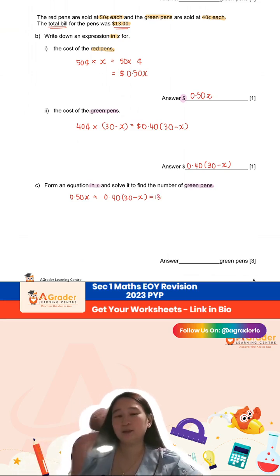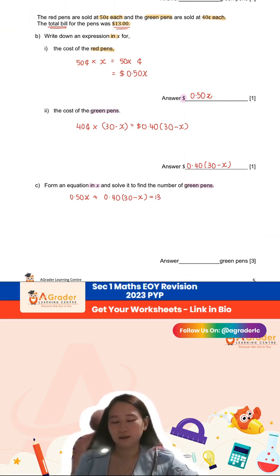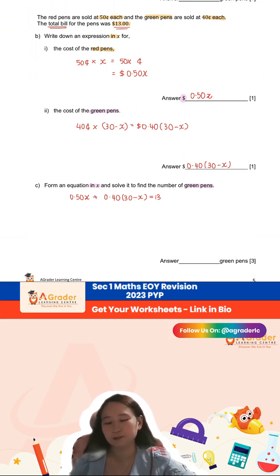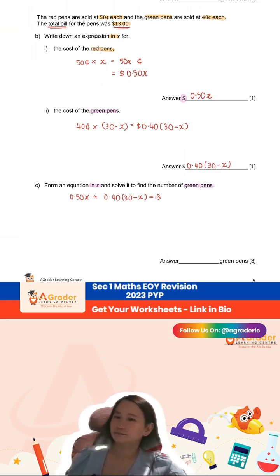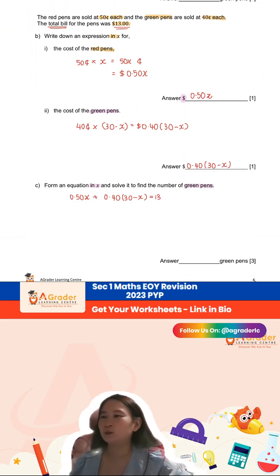Because the answer in B is already in terms of dollars, you do not have to convert it. Whenever you're forming an equation, make sure that the units are the same first. The answer is not 20.